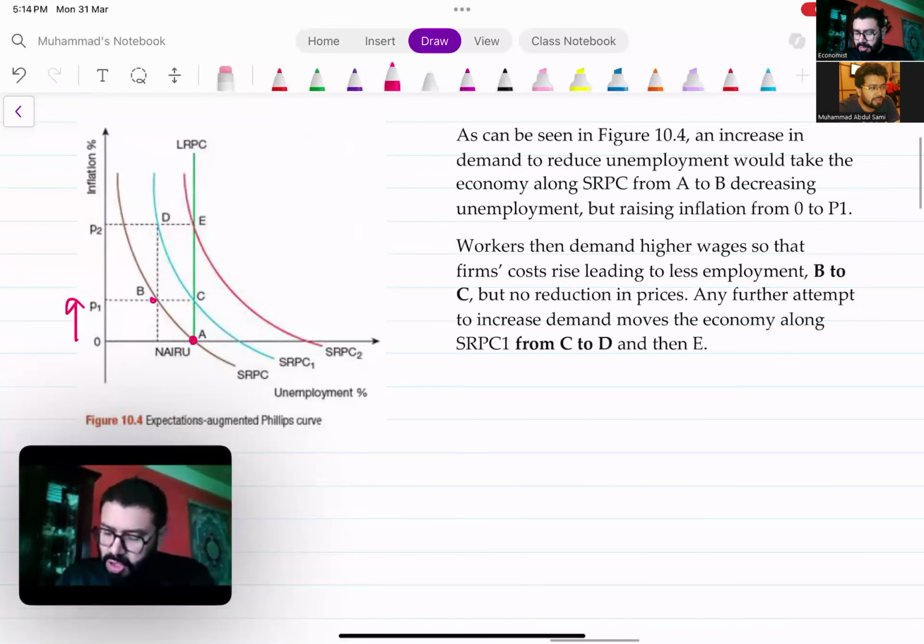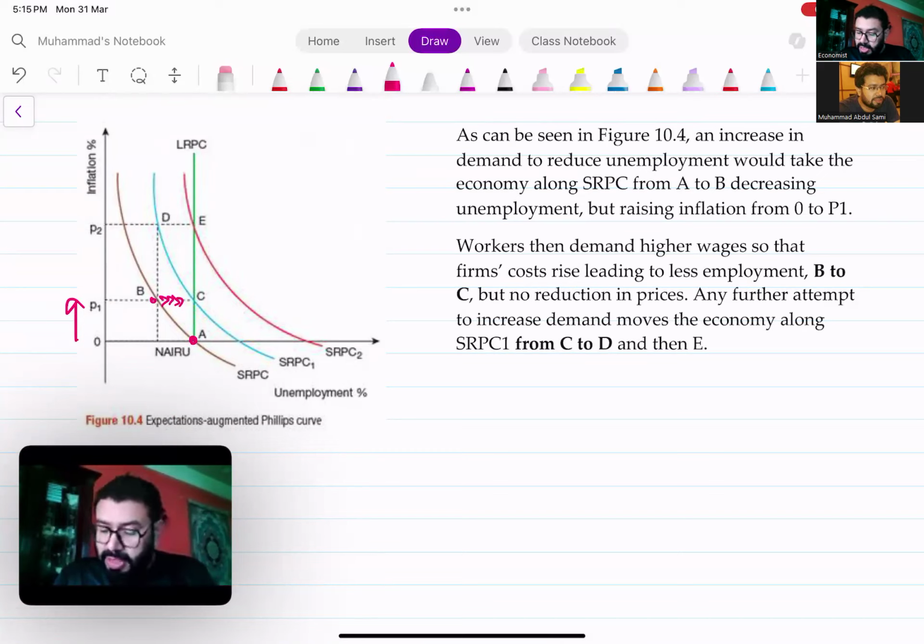Workers then demand higher wages so that firms' costs rise, leading to less employment, B to C. But there is no reduction in prices at P1.